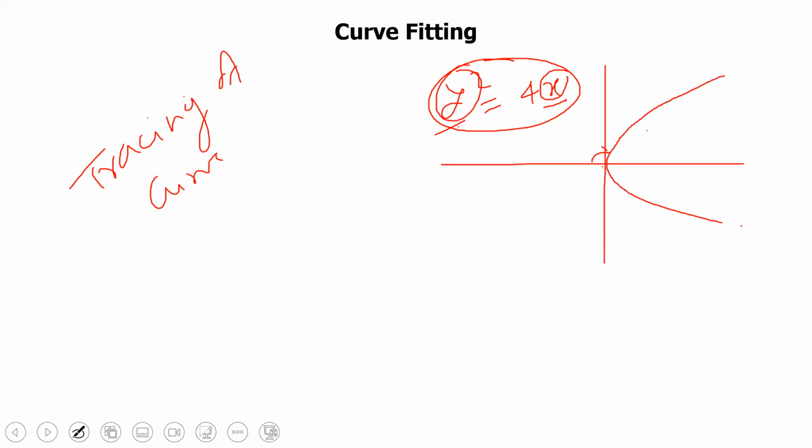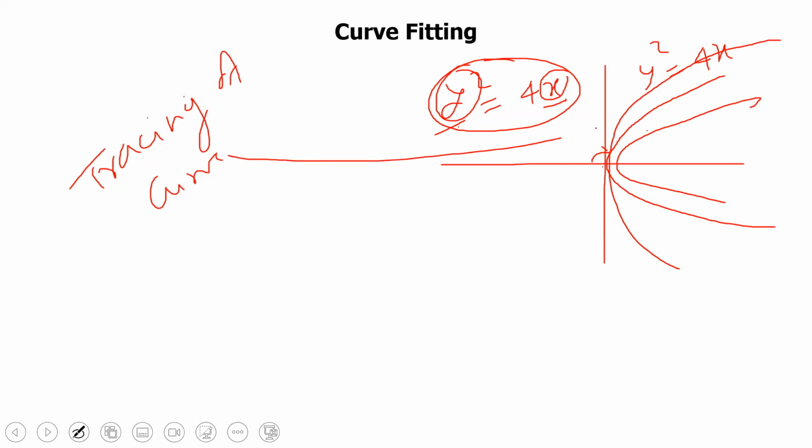So we can also trace it like this. It is a parabola y square equal to 4x, but we are not able to say that it is the exact parabola. It may be a different parabola, it may be like that, in this manner, or like this. But finding the approximate shape of the given curve is called tracing of curve. So this is the second point, which explains curve tracing.